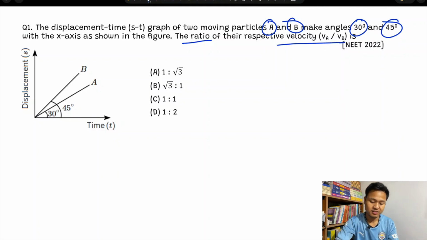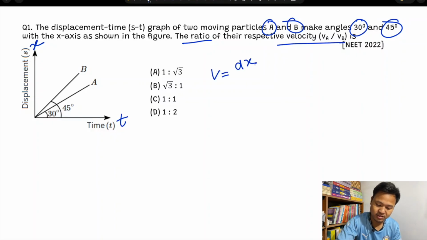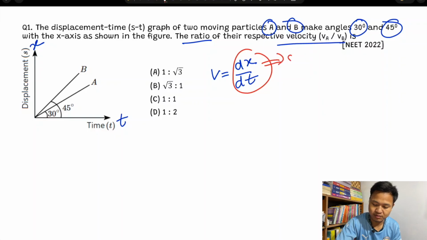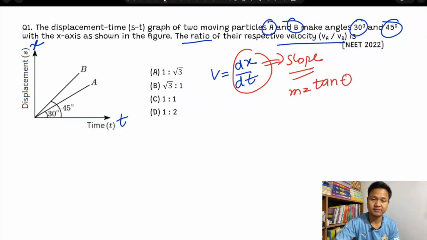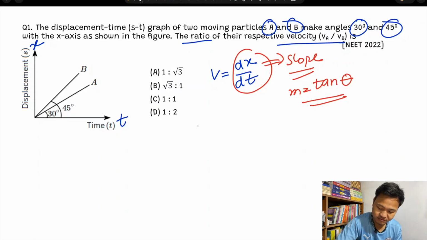If you are given displacement x or s, whatever you want, versus t, then v is dx by dt. So what is dx by dt? This is nothing but the slope. What is slope? Nothing but tan theta, right? So we just have to compare the slopes. So here velocity vA is nothing but the slope of A.